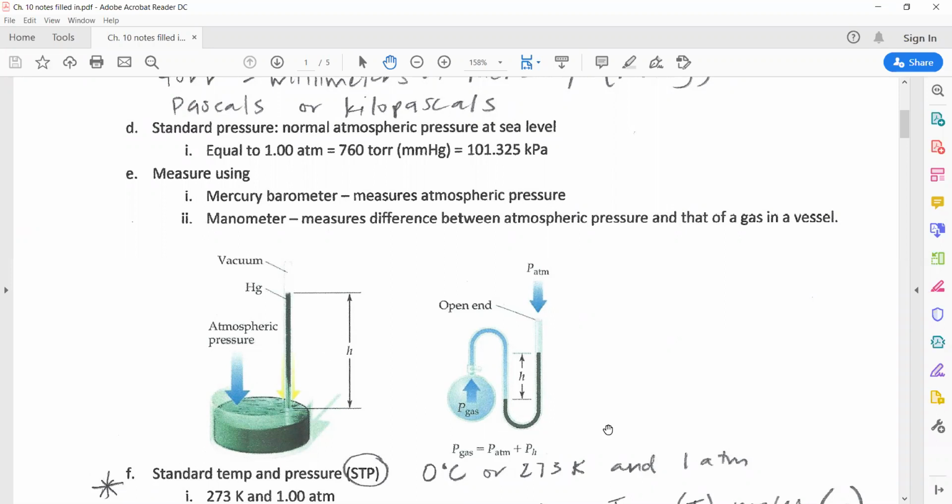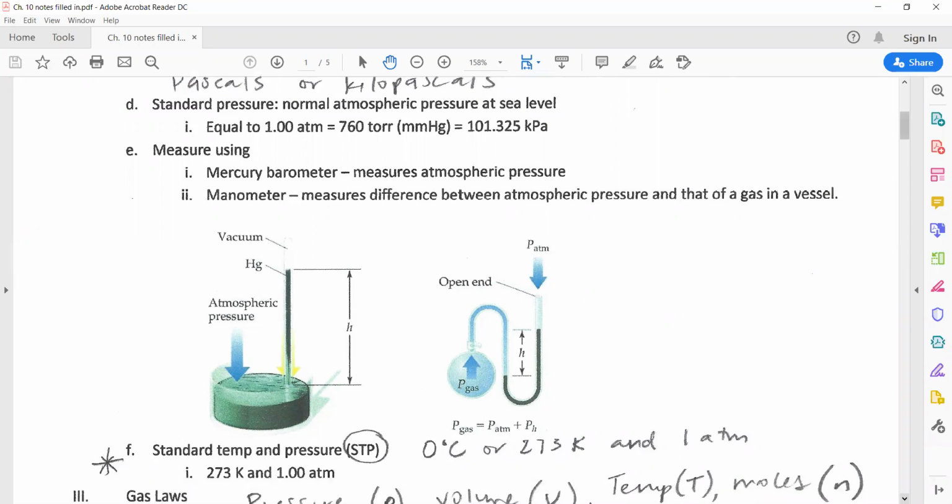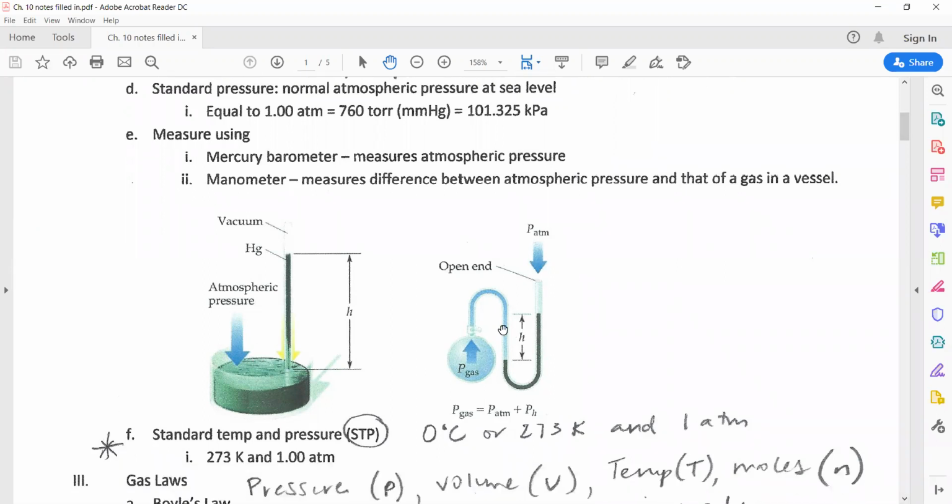We also can use a system that looks like this, where we're looking for a difference between the atmospheric pressure and the internal pressure of a closed container. And if you have mercury, for example, out here, or a liquid of some type out here moving back and forth, if the level was equal on both sides, that would mean that the atmospheric pressure out here would be equal to the pressure inside that closed container.